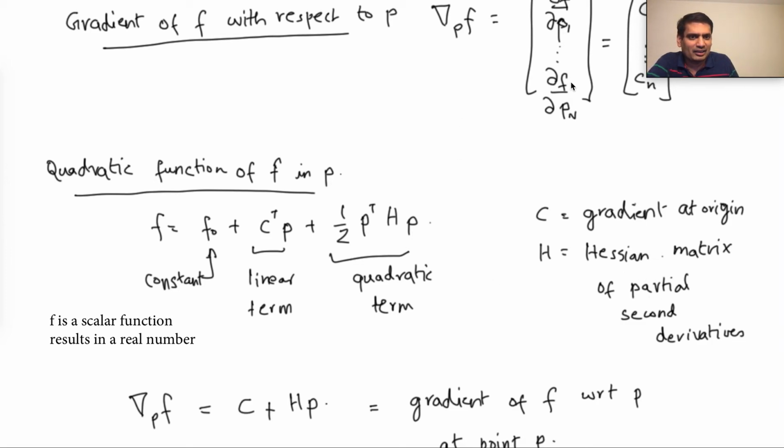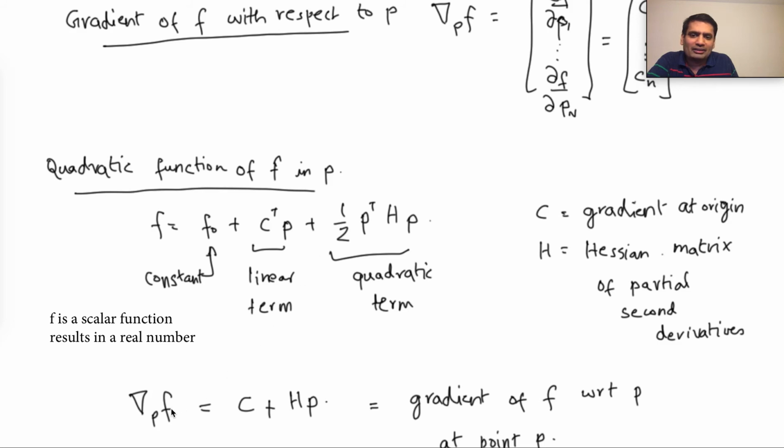If you have n elements in P, H is going to be an n by n matrix. So just try a 2 by 2 matrix, H equals H11, H12, H21, H22, and P equals P1 and P2, then expand this thing out and see what the expression looks like. You'll notice that it's a quadratic expression.